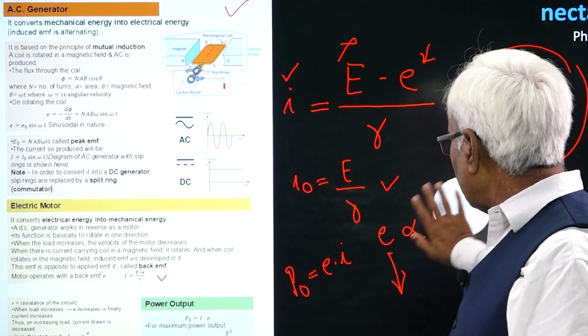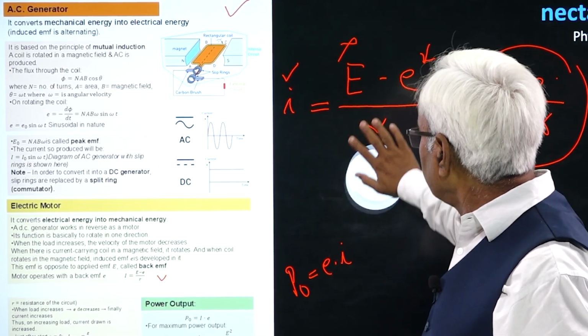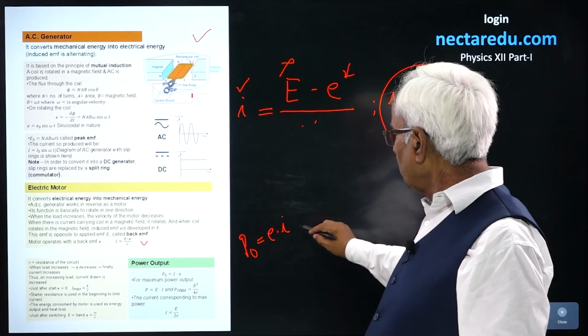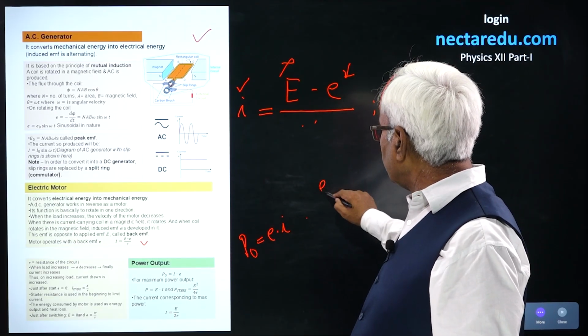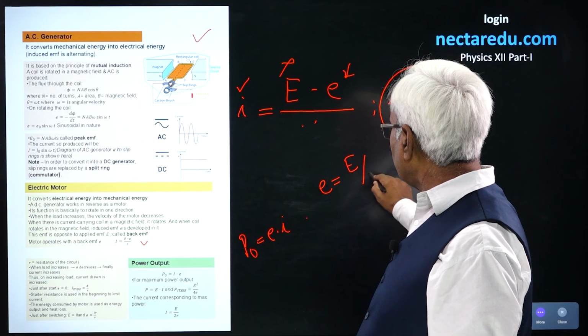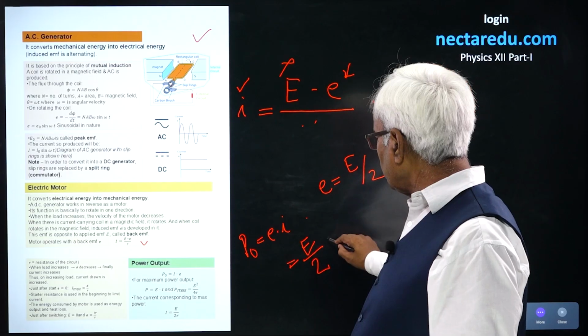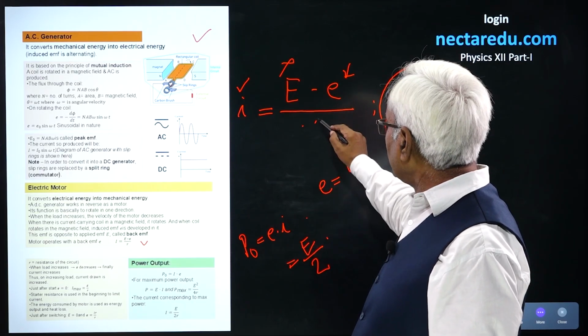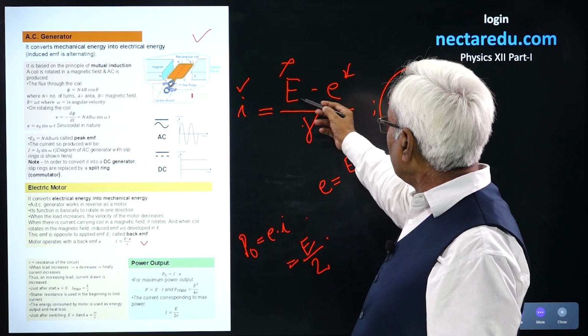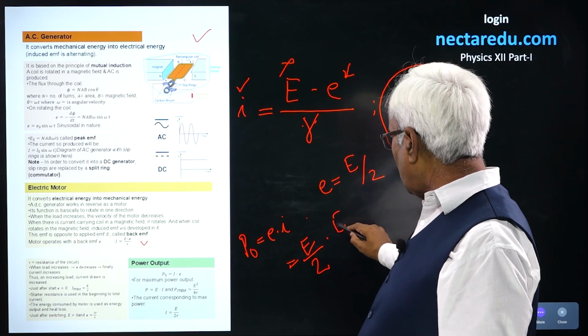This is the relation for power output. For maximum power output, the condition we find is e equal to E by 2. So maximum power output is going to be E by 2 in place of e, times I. You see, you are going to have this E by 2R.